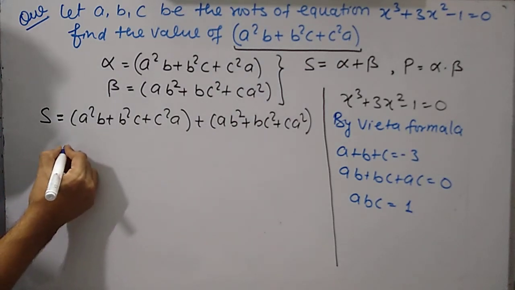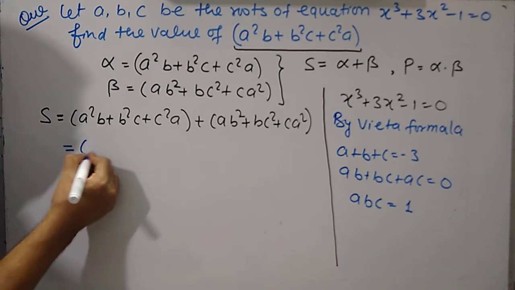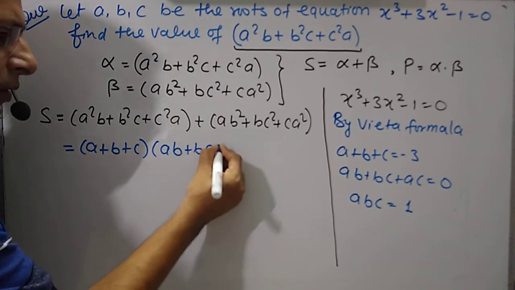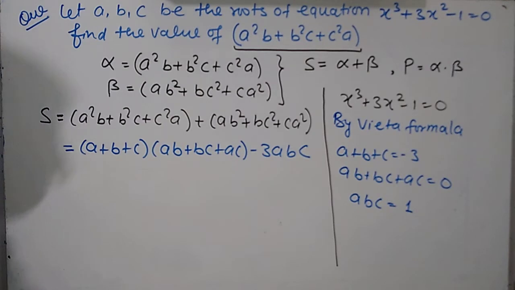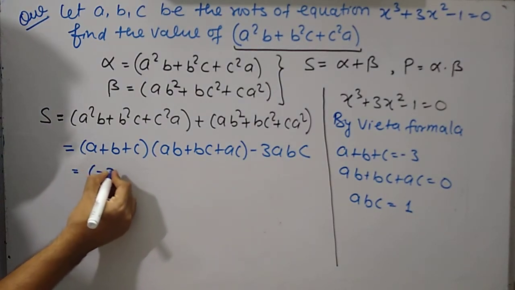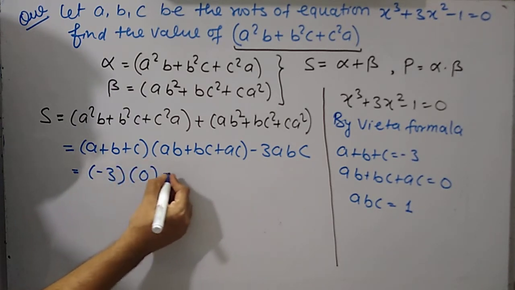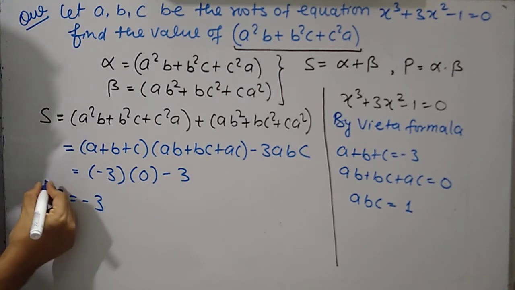So S equals a square b plus b square c plus c square a plus ab square plus bc square plus ca square, and this is equal to (a plus b plus c) into (ab plus bc plus ac) minus thrice abc. Substituting a plus b plus c as minus 3 and ab plus bc plus ac as 0, minus 3, we get S equal to minus 3.